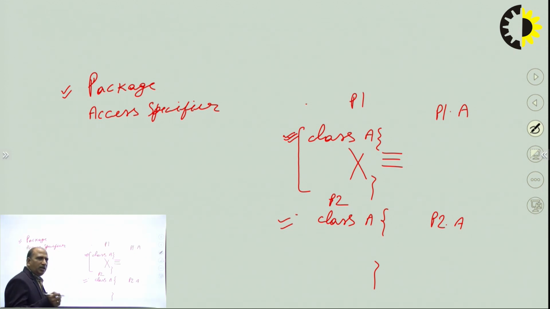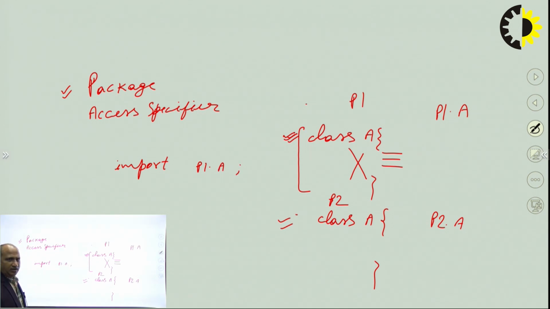and there you will come across different ways of accessing a package. First one, if we want to use a package, we will write import package name dot class name. This way we can import. I will explain this in the next slide.